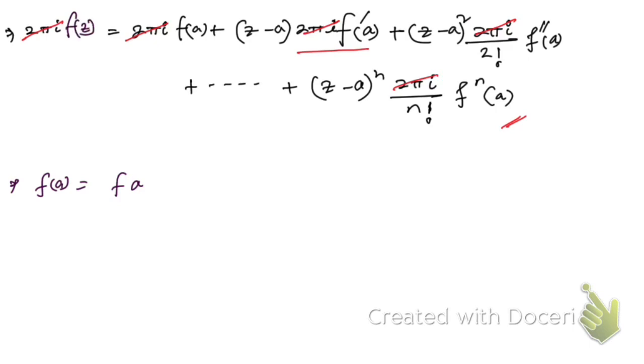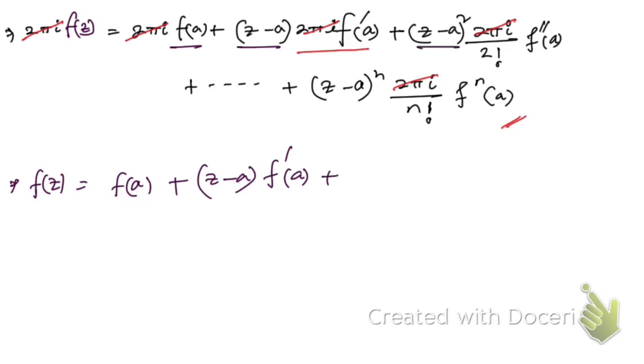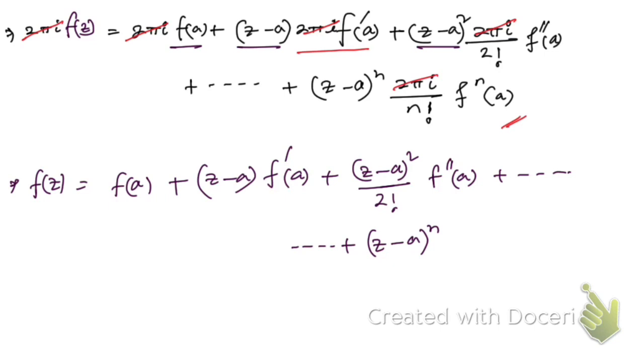So then f of a, then plus z minus a times the first order derivative of f at the point a, plus then z minus a whole square by factorial 2, second order derivative at a, then plus dot dot dot plus z minus a whole to the power n by factorial n, nth order derivative of a. So that's what we have got, right?